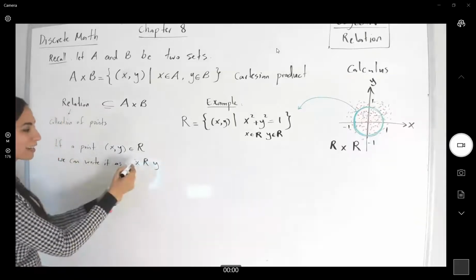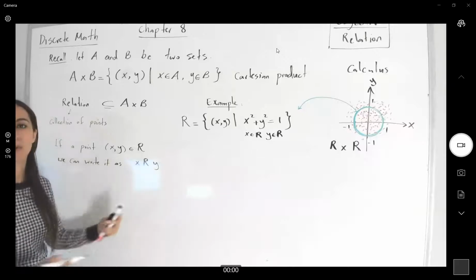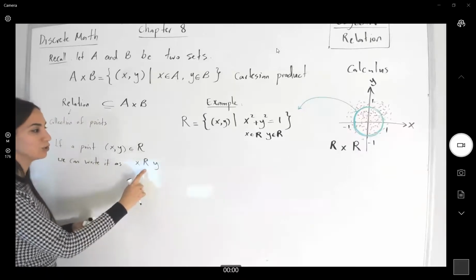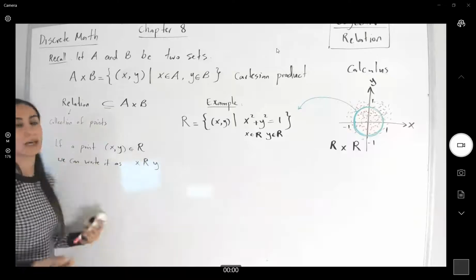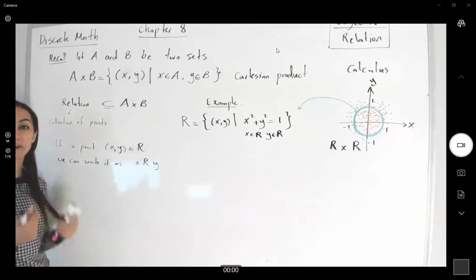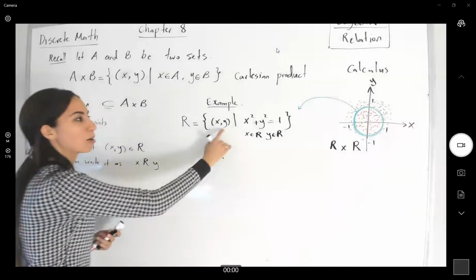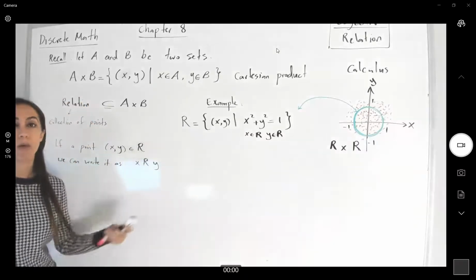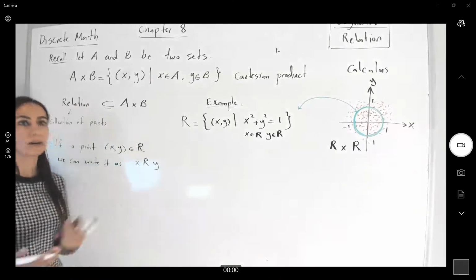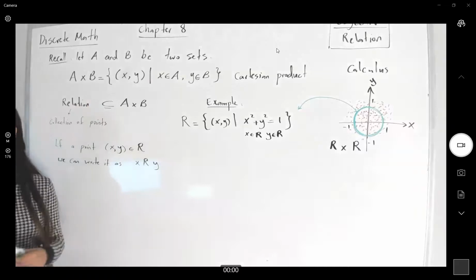It means that x is related to y in R, or x has a relation with y using R. You might use S, T, or any other capital letter to represent a relation between some points, either in the space or in Z Cartesian product with Z, N Cartesian product with N, and many more sets.